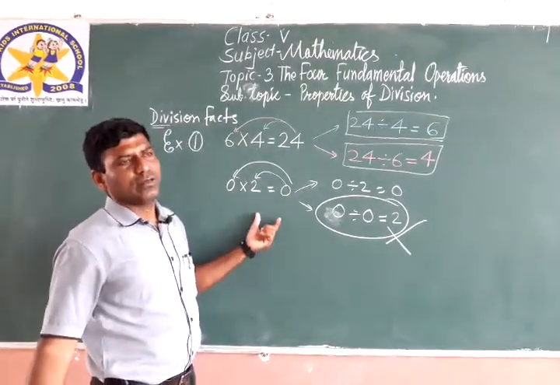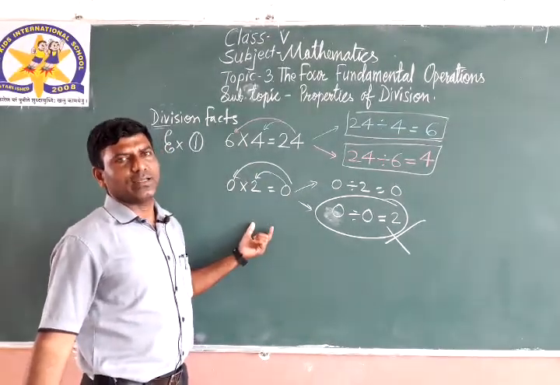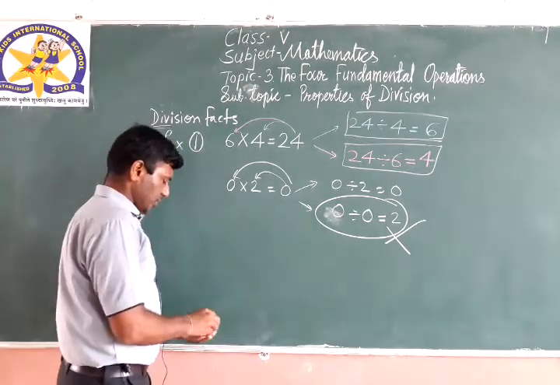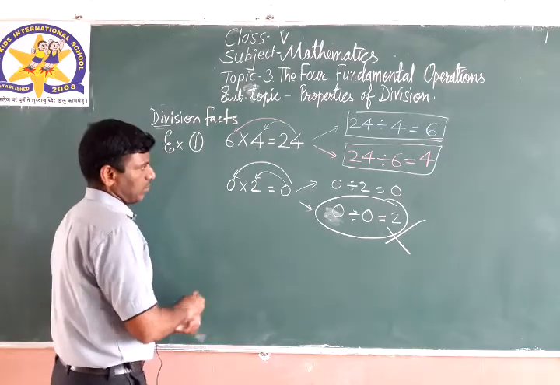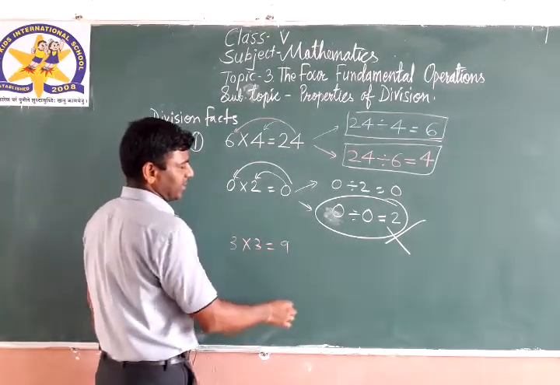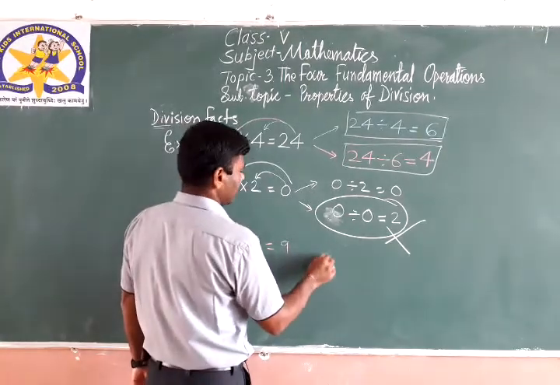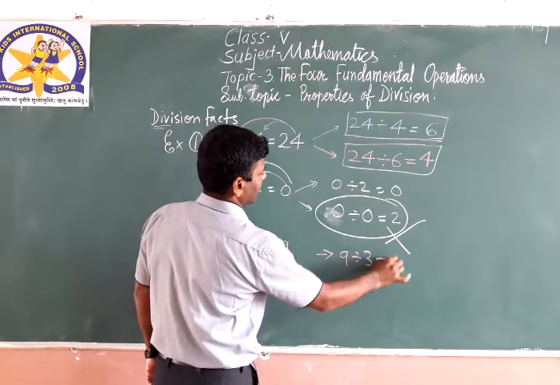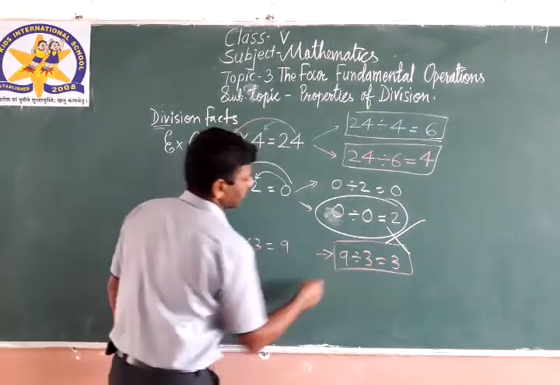And in the number itself, we will see multiplication of a number by a number. Suppose 3 multiplied by 3 is equal to 9, but we cannot write like this. We can write like this. 9 divided by 3 is equal to 3. Only one fact.